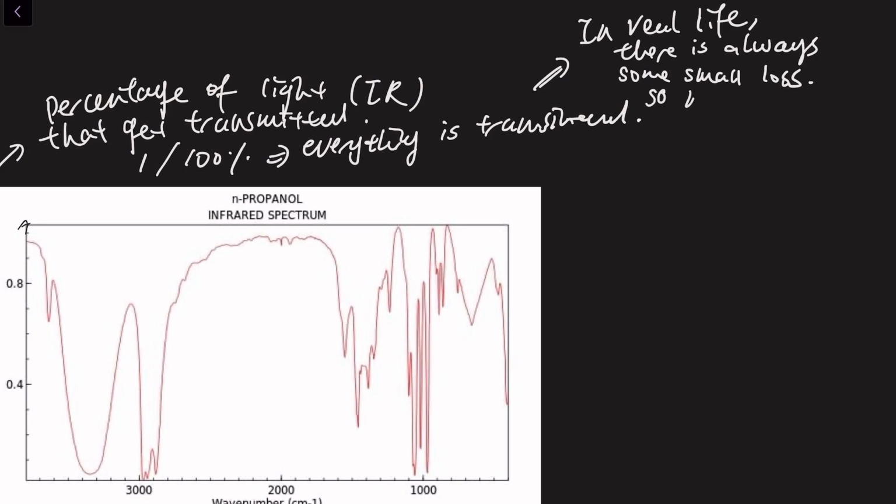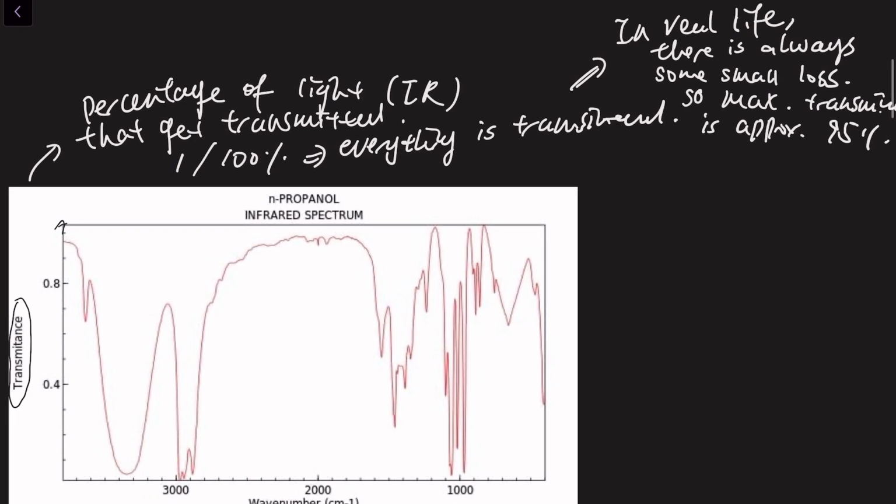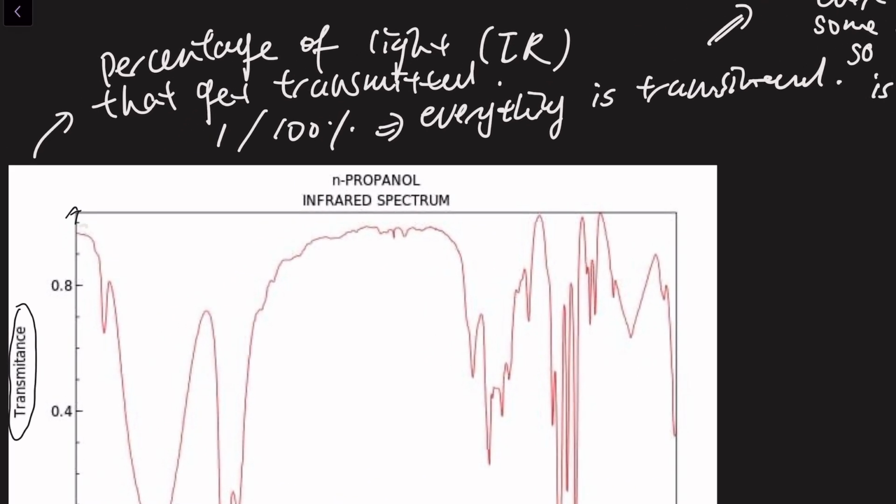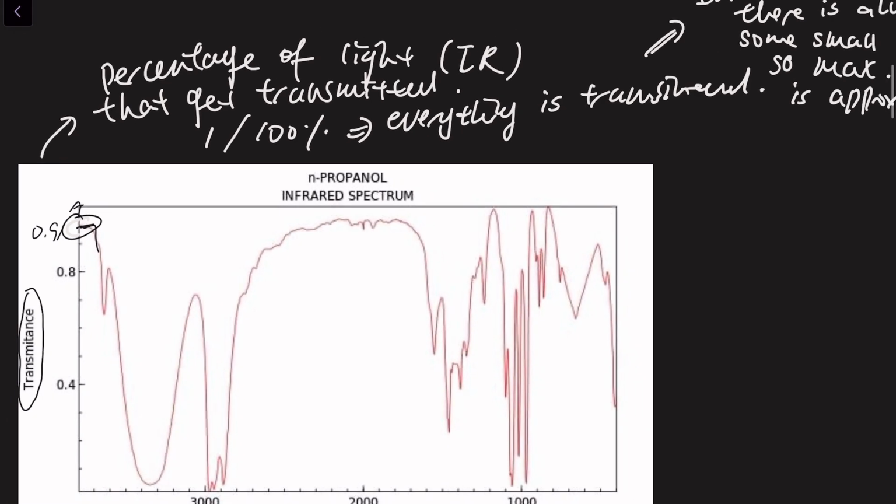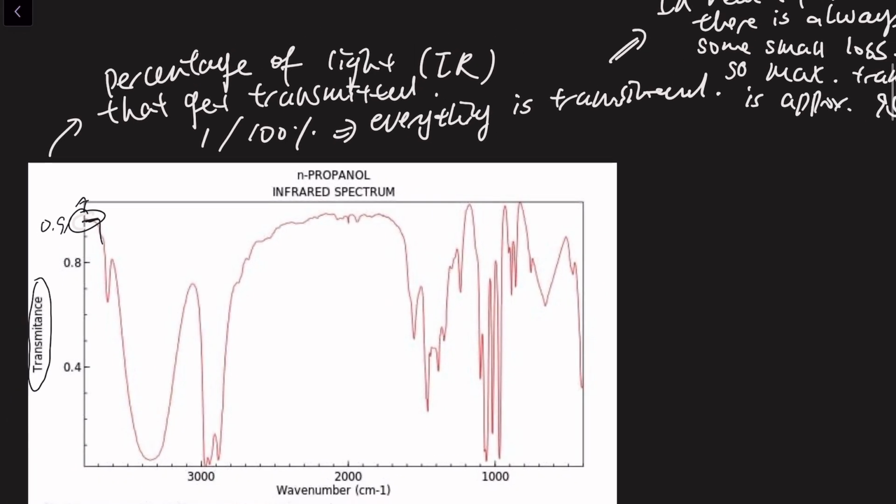So the maximum transmittance is around 95%. If you have something like this, which is around 0.9 or 0.95, then basically the light gets passed through this compound completely, so it is not absorbed.